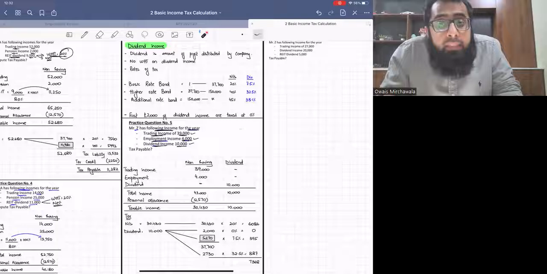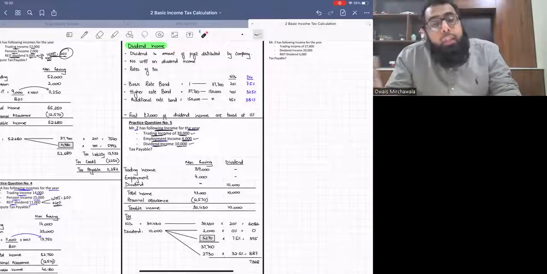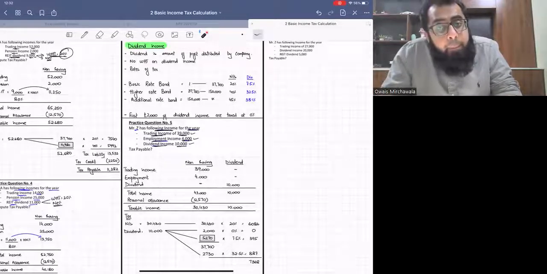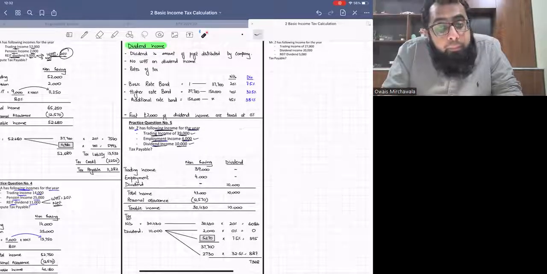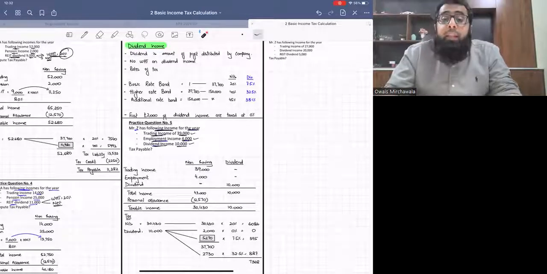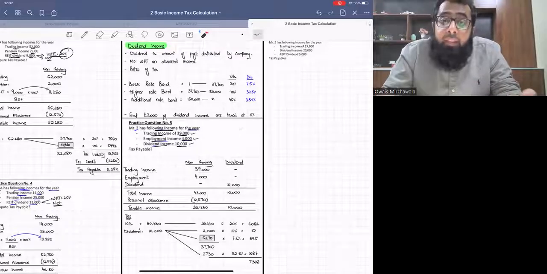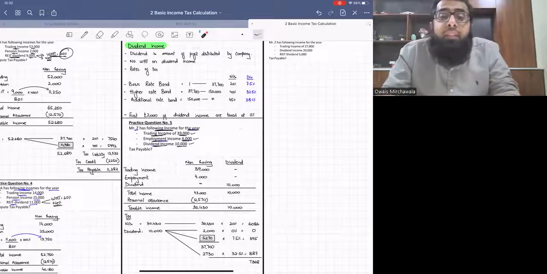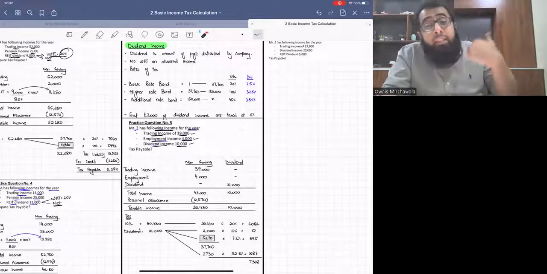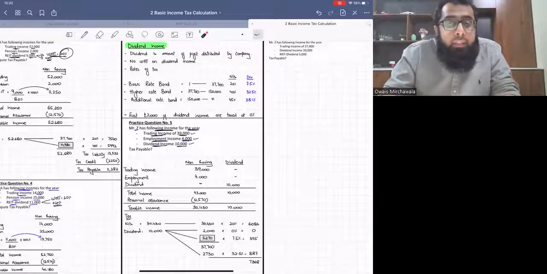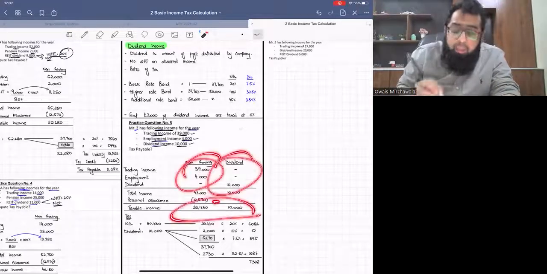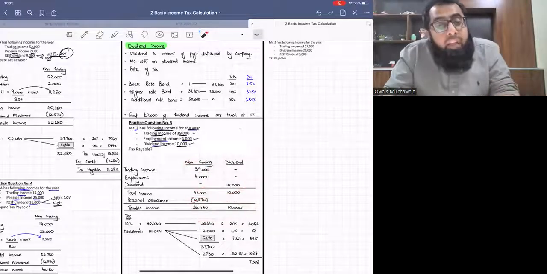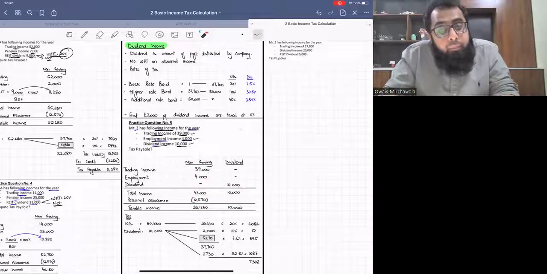The tax bands are first used in non-saving income, and then they are used in dividend income. Because the non-saving income has higher tax rates, we give the bands first to them. Otherwise, they will get taxed at a very high rate. We classified the incomes, we deducted the allowances, we arrived at the value of taxable income.